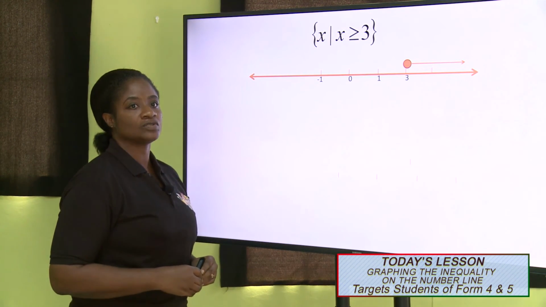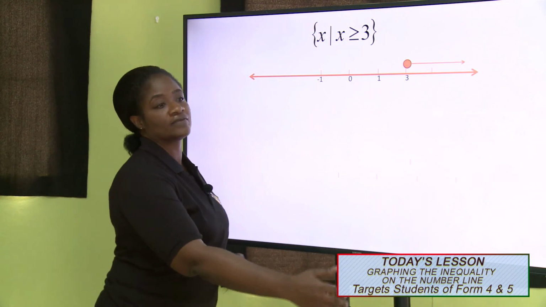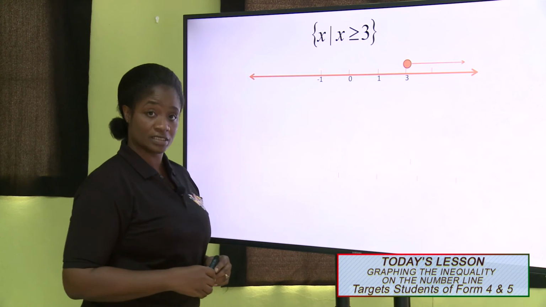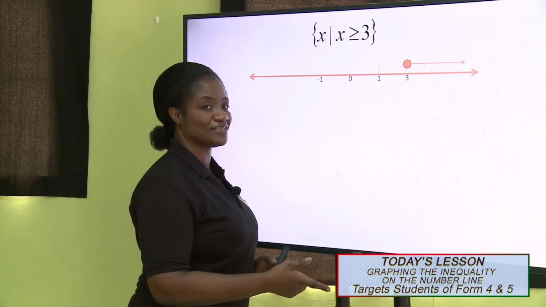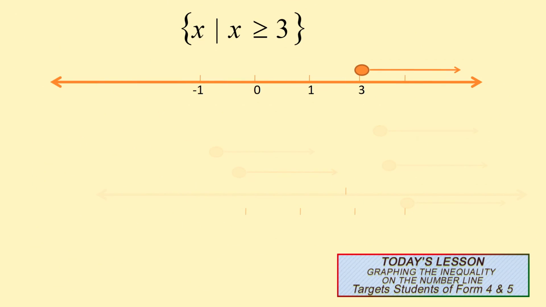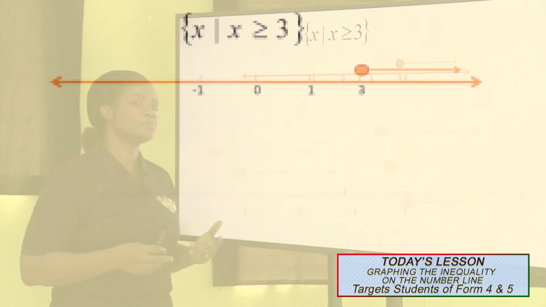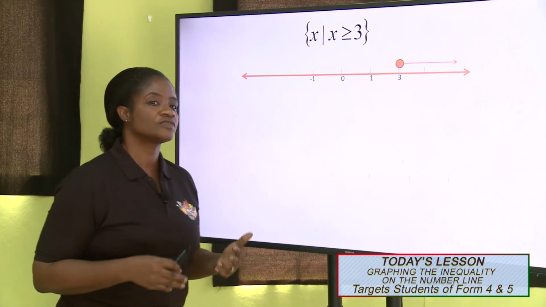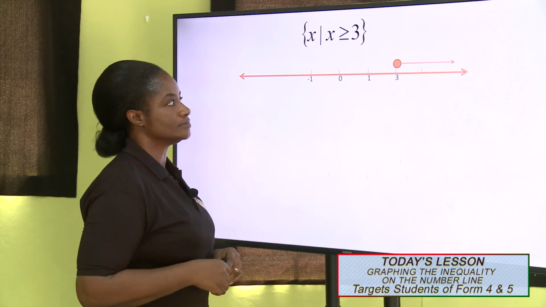After which, I need to show a range of values of x. x is not only equal to 3, but x is also greater than 3. The number line increases to the right, so my arrow shows that x is greater than 3. One may wonder, where does the range of values for x end?